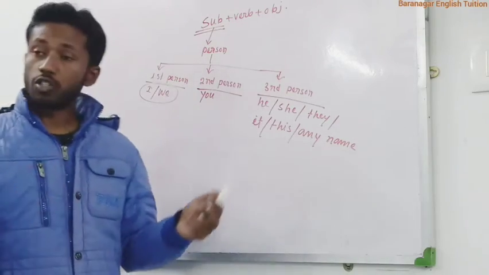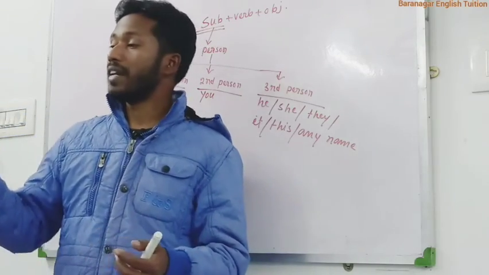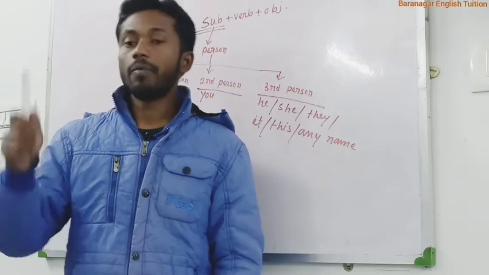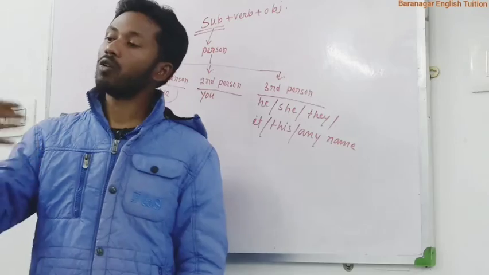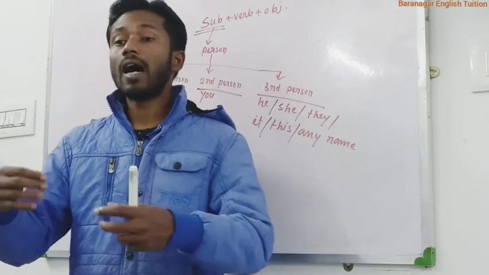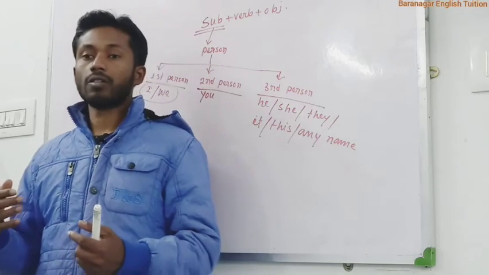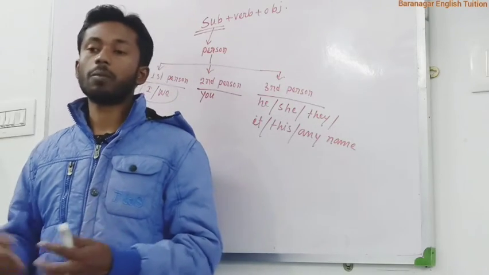It can be singular also, like it can be any name. Suppose pen is third person. If I say pens, pens are also third person. How will you be certain or sure that this is third person?